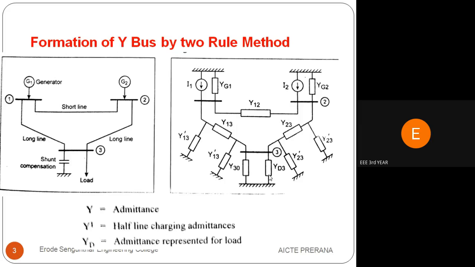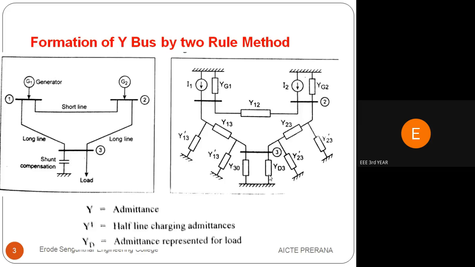Y bus matrix finds application in load flow, optimal load flow, even in stability analysis, whereas Z bus matrix finds application in fault analysis. These are the two main important elements to find out the faults occurring on the power system. In this way, we are going to see about the Y bus matrix.